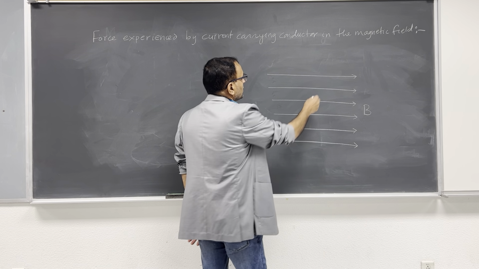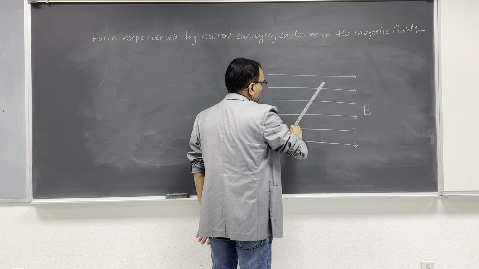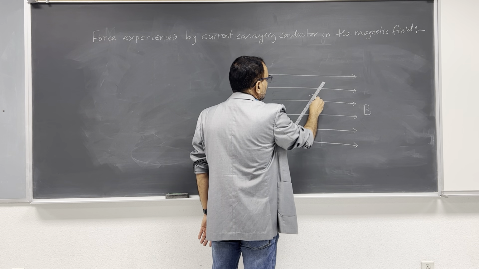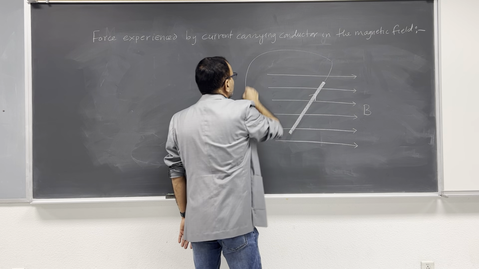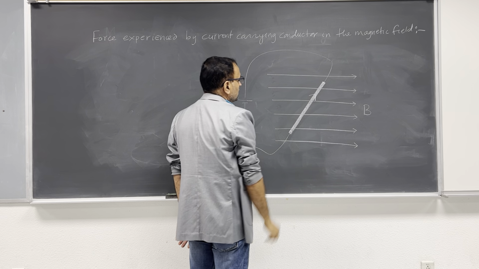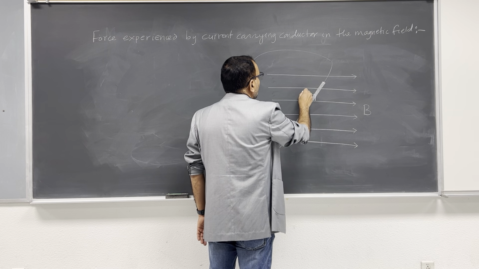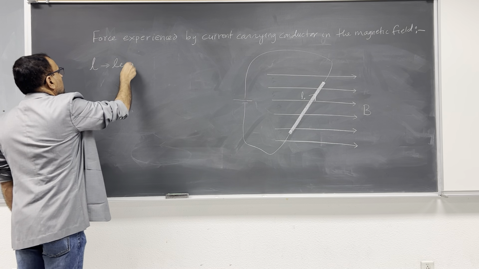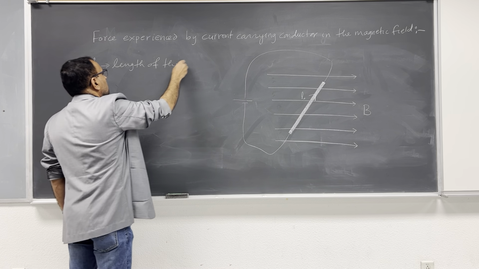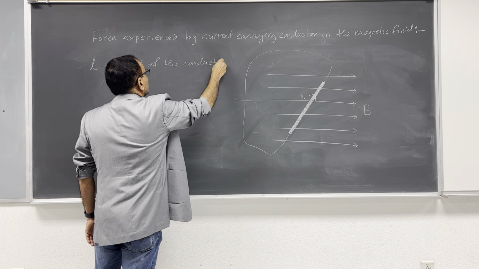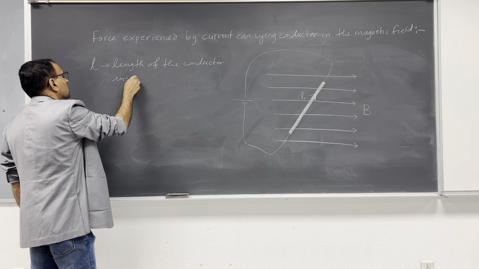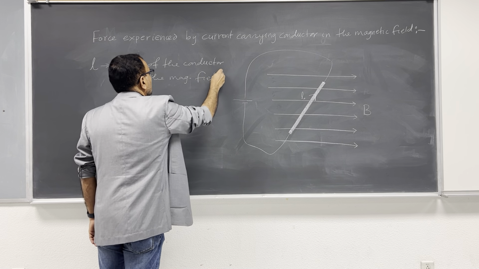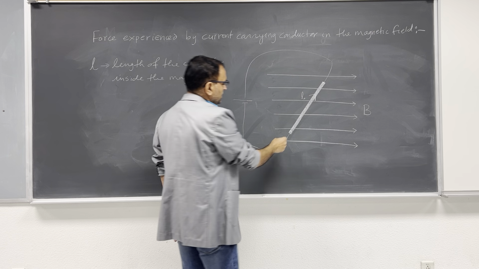and consider this is a conductor with a current, and you can connect it to some kind of source here, something like this. The length of this conductor is L. L be the length of the conductor inside the magnetic field, and consider there is a current here.